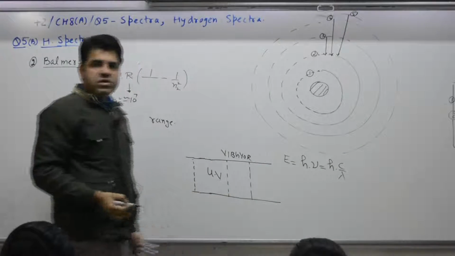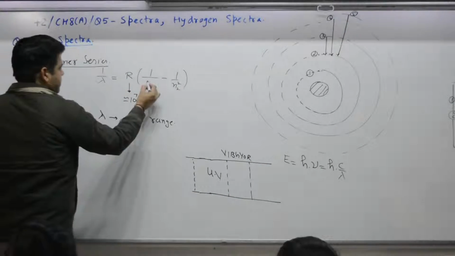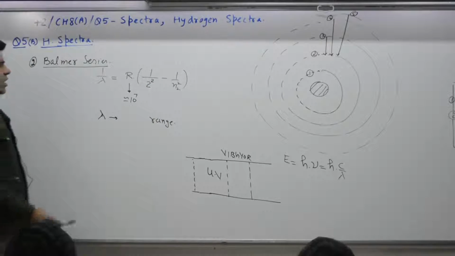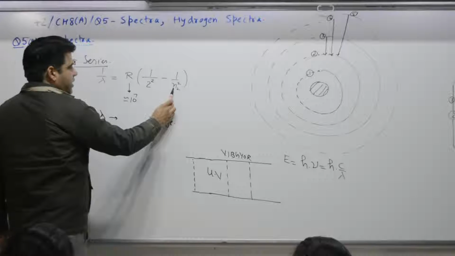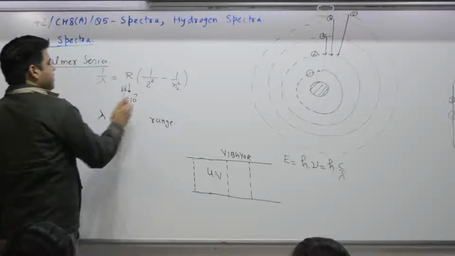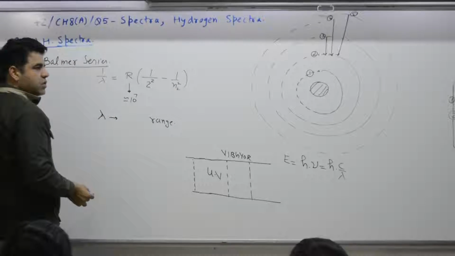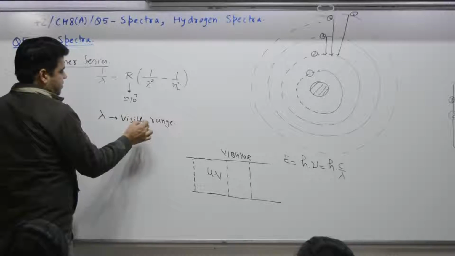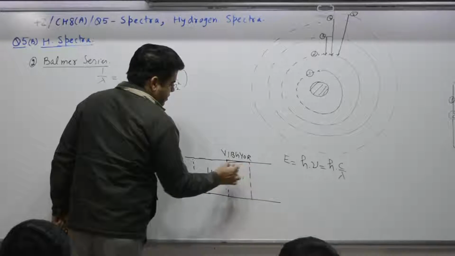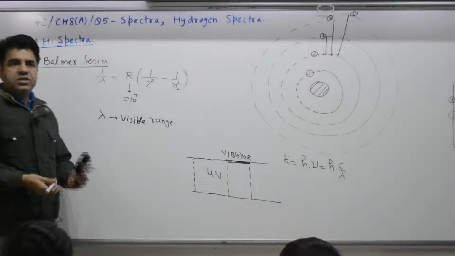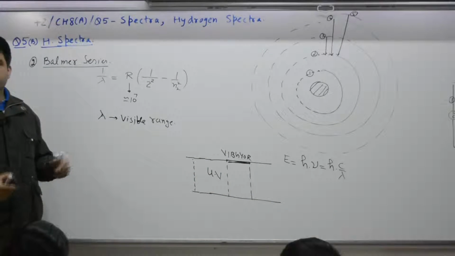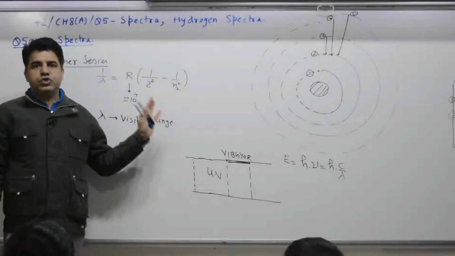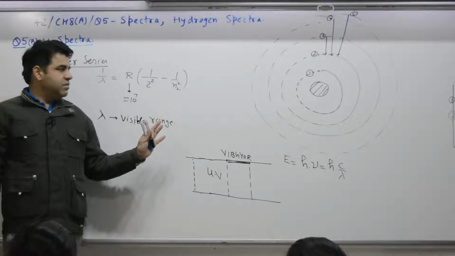Jumps are to the second level, second orbit. So if you put n2 is equal to 3, then 4, 5, then you find lambda. Lambda falls in the visible range. That is why this was the first series to be observed in the lab, because it can be seen by the naked eye also. It falls in the visible spectrum.